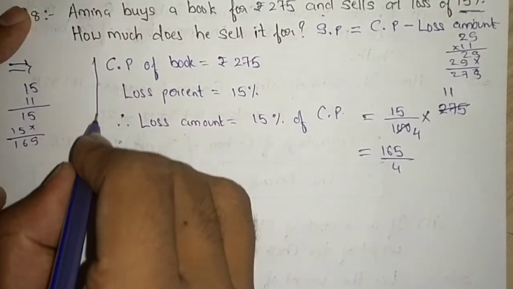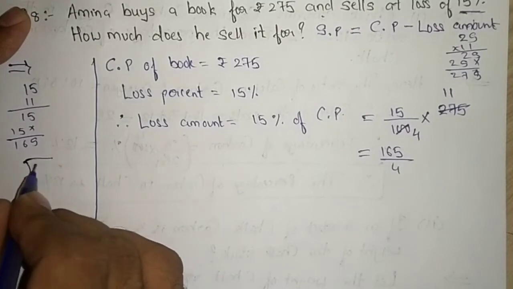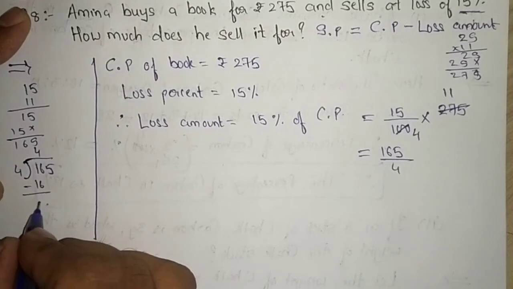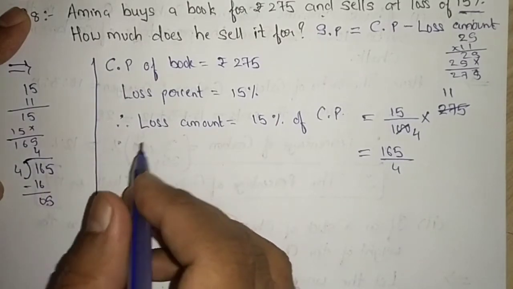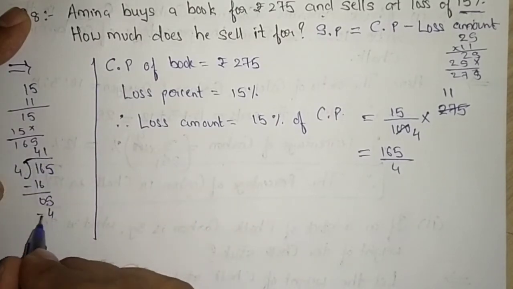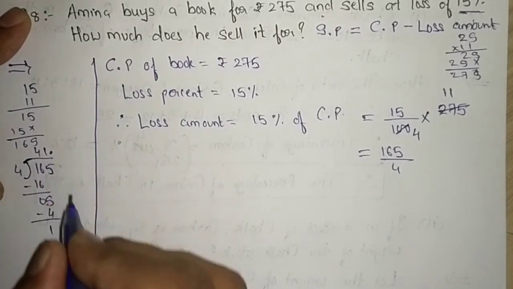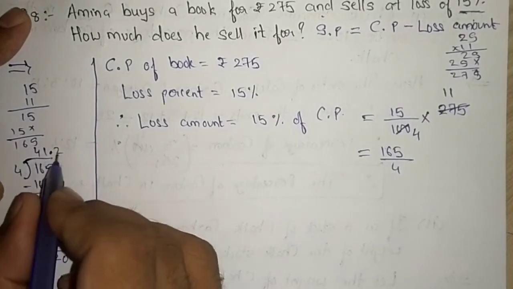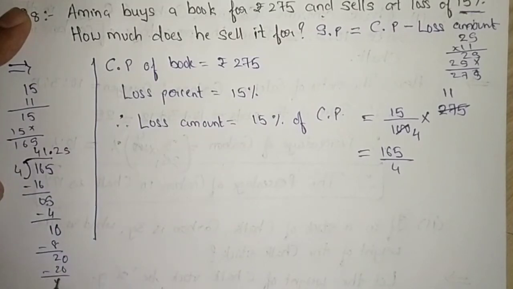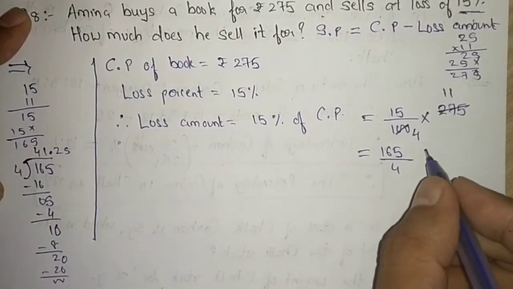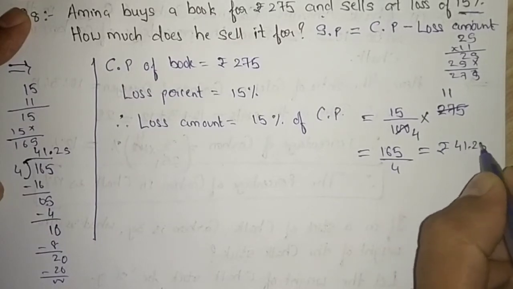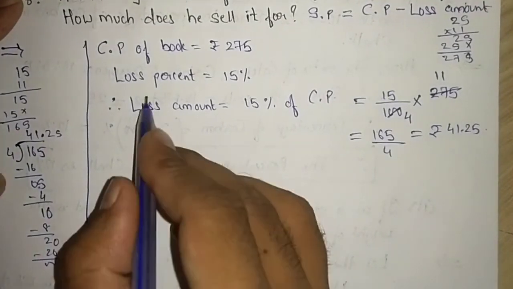That I will do rough work over here. 165 divided by 4. 4 4s is 16, 0, 5 will carry here. So 4 1s is 4. Remainder is 1. If I put a point, I will get 10. 4 2s is 8. Remainder is 2. 4 5s is 20. So my loss is rupees 41.25, which is the loss amount.